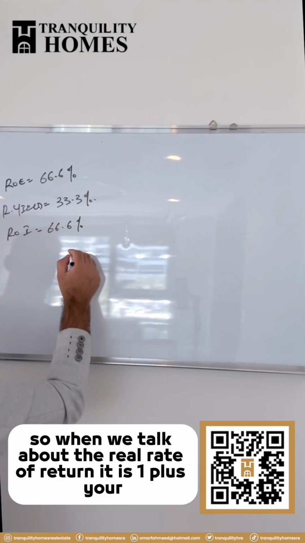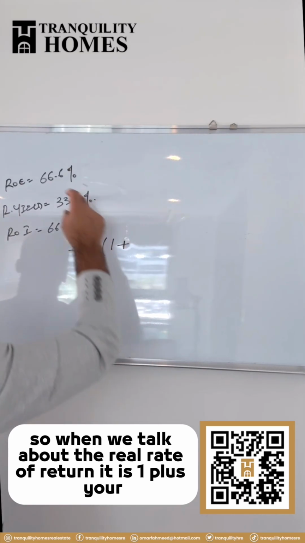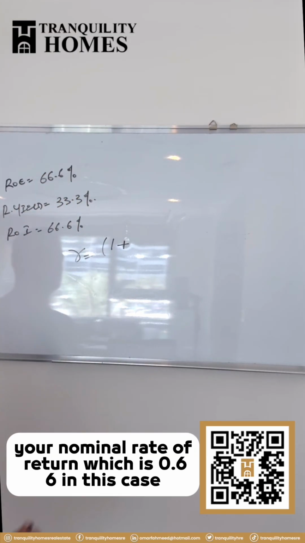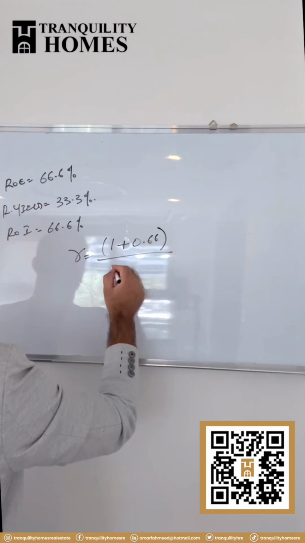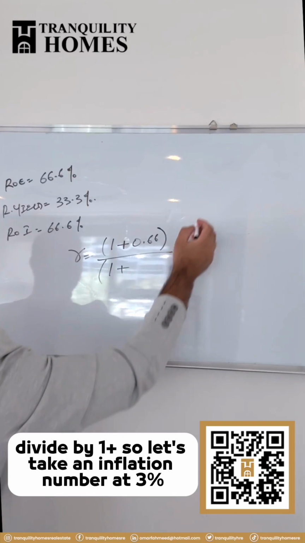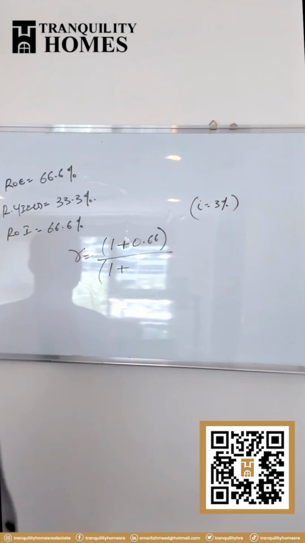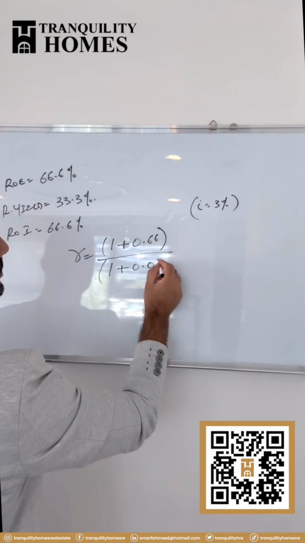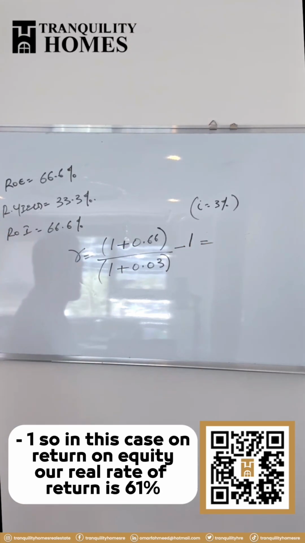So when we talk about the real rate of return, it is 1 plus your nominal rate of return, let's talk about ROE first, which is 0.66 in this case, divided by 1 plus inflation. Let's take an inflation number of 3%. So 1 plus 0.03, minus 1. So in this case, on return on equity, our real rate of return is 61%.